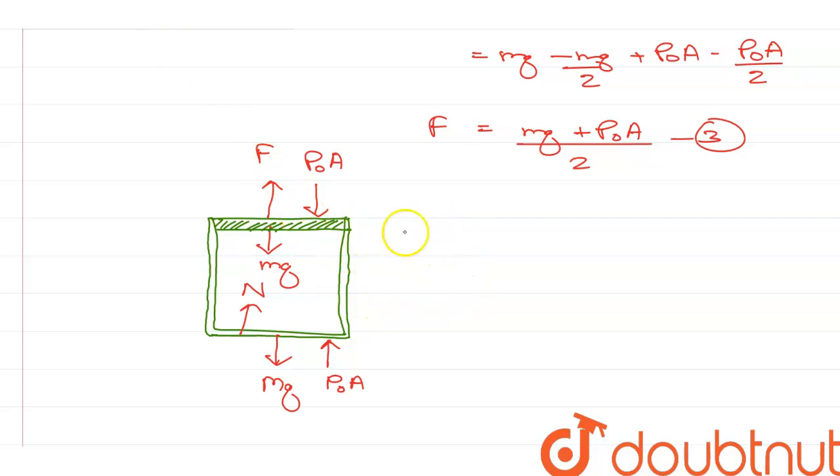So the forces that are acting upwards are F plus N. Now, this P naught A and this P naught A are equal and opposite, so they will get cancelled, so I don't need to mention that. So all the forces that are acting upwards are F and the normal reaction.